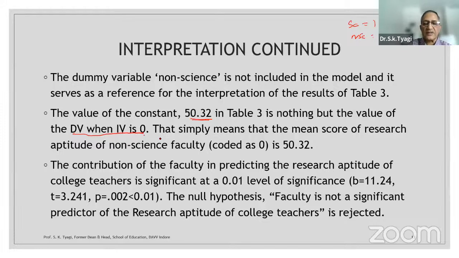Now let us interpret this beta coefficient of 11.24. It is significant at the 0.01 level of significance. Beta is 11.24, T is 3.241, and P is 0.002, which is less than 0.01. Therefore, the null hypothesis, faculty is not a significant predictor, is rejected.